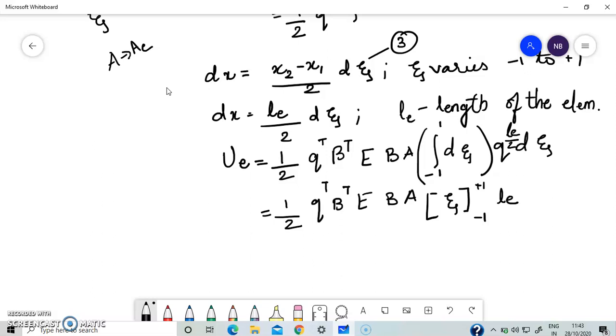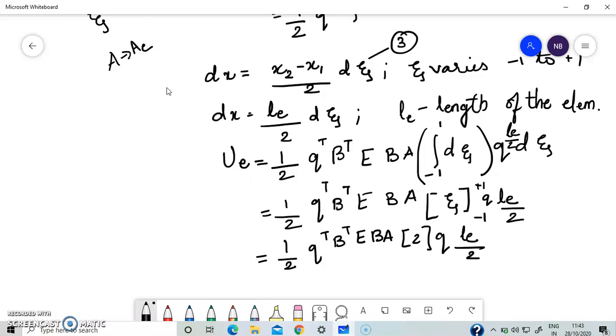So this is q L_e by 2. On substituting the values, the upper limit and the lower limit, it will be plus 1 minus of minus 1, which is 2, q L_e by 2.